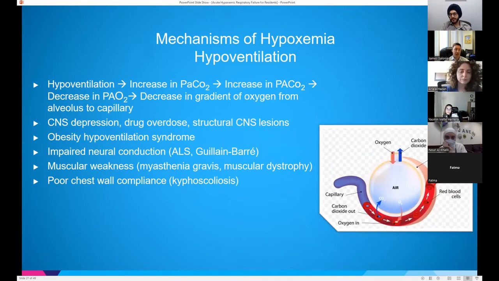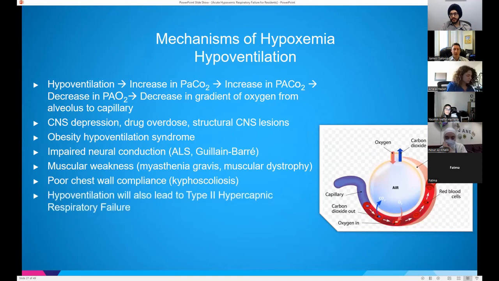Something we do see, but it presents in a different way, usually with type 2 hypercapnic respiratory failure, is hypoventilation. So if we think about this, when we hypoventilate, we're still producing carbon dioxide. So that carbon dioxide starts to build up in our arterial system.